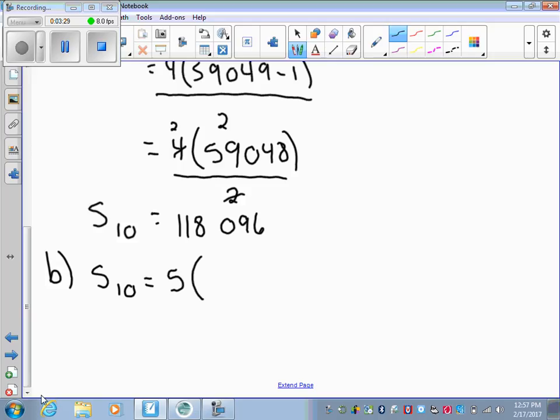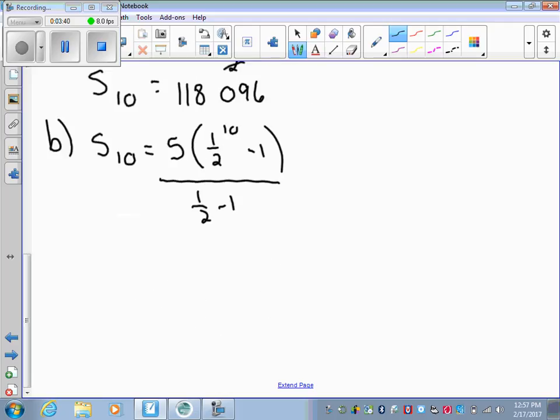Our ratio is 1/2 to the power of 10. Subtract 1. All divided by 1/2, take away 1. Okay, so I'm going to go old school here and deal with fractions old school instead of changing that to 0.5, because the answer they wanted is in fraction form.